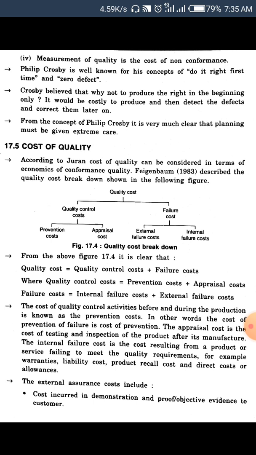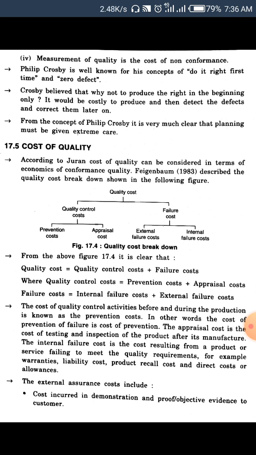Now the next definition is internal failure. The internal failure cost is the cost resulting from the product or service failure to meet the quality requirement, like warranty, liability cost, product resale cost, and direct cost or allowance. So it's internal failure cost.